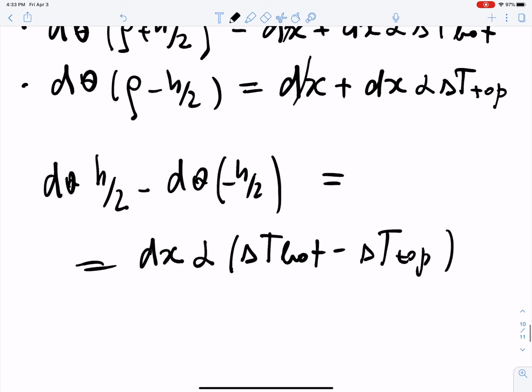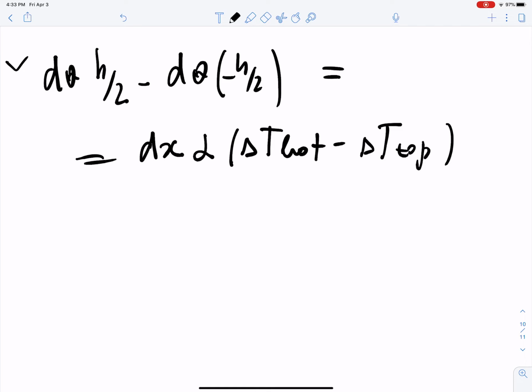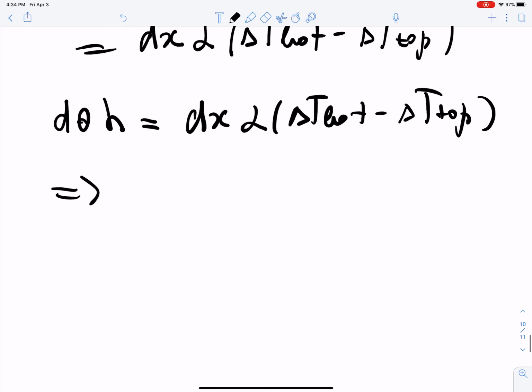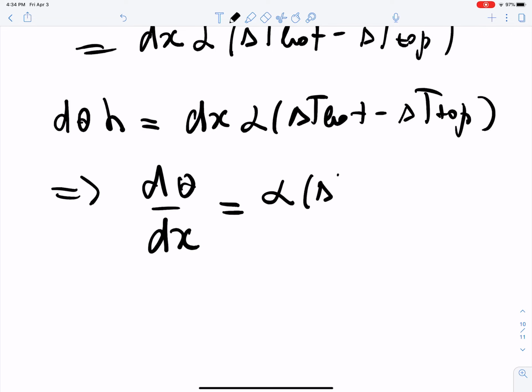I can simplify the top expression: d theta times h equals dx alpha times delta t bottom minus delta t top. From where I come up with the key expression: just divide through by dx, I get d theta over dx equals alpha times delta t bottom minus delta t top, over h.